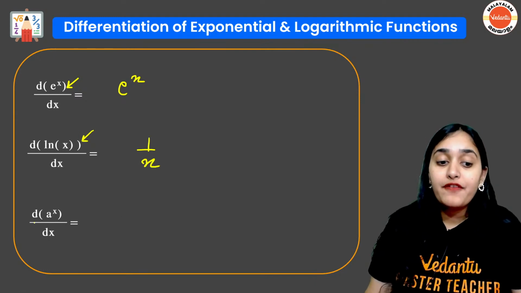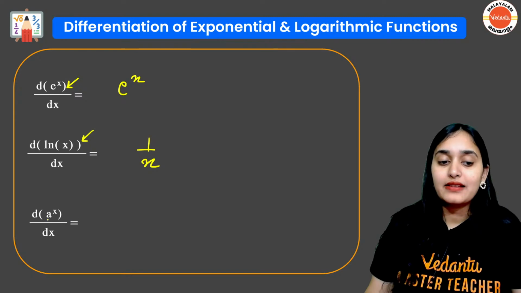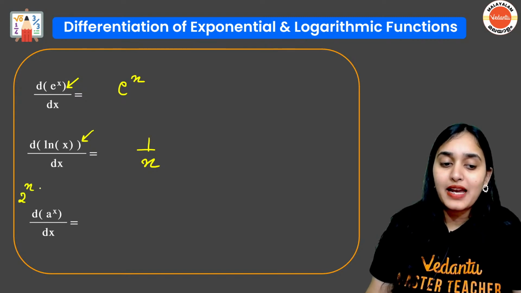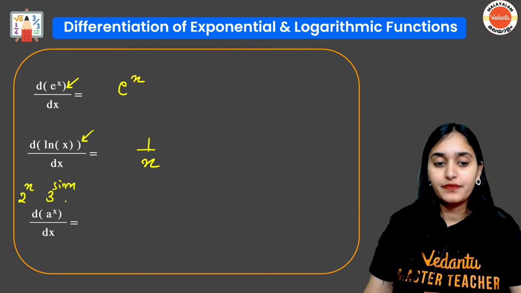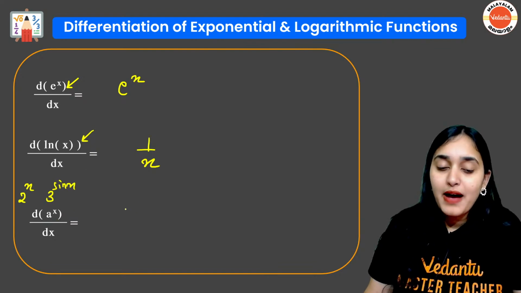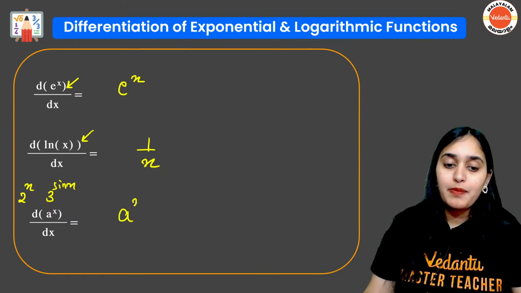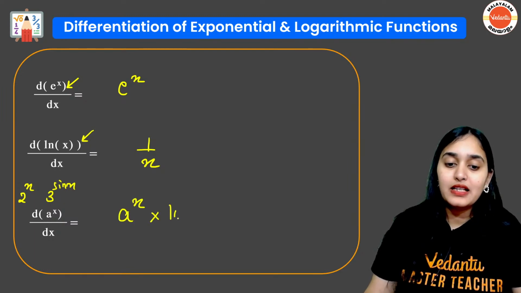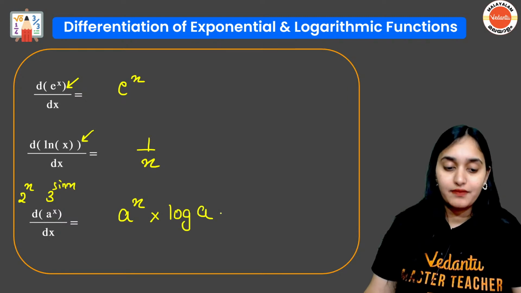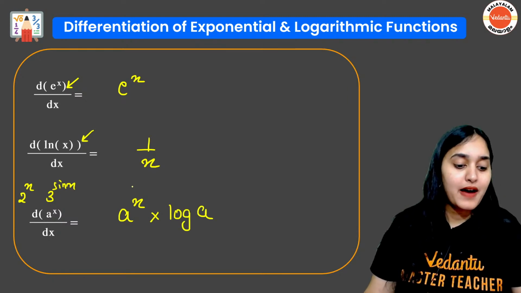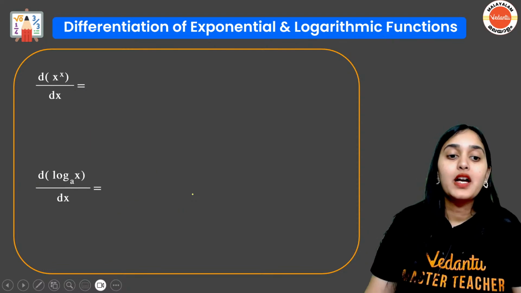Differentiation of a to the power x, meaning 2 to the power x or 3 to the power sine x, anything of this form, is a to the power x multiplied with log a.